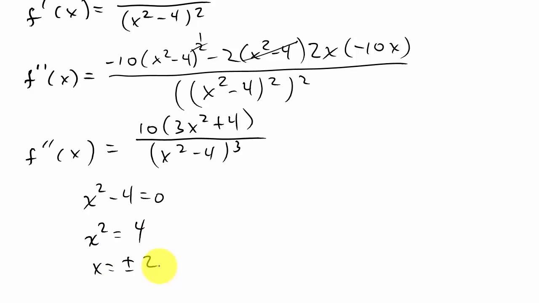So we're going to use those to test for concavity. When you're testing for concavity, find where it's 0, use those values to put on the number line that we're about to do, and also use the points where it's undefined. Okay, so we're going to use plus or minus 2.